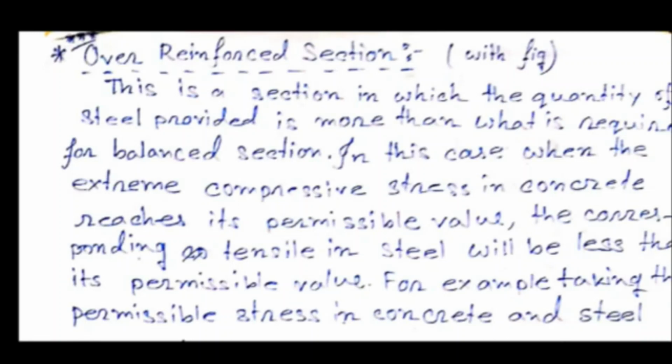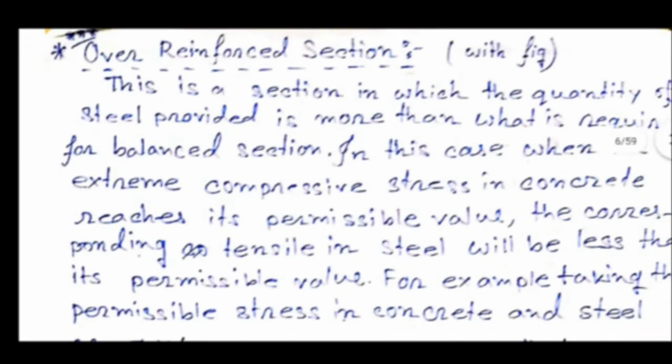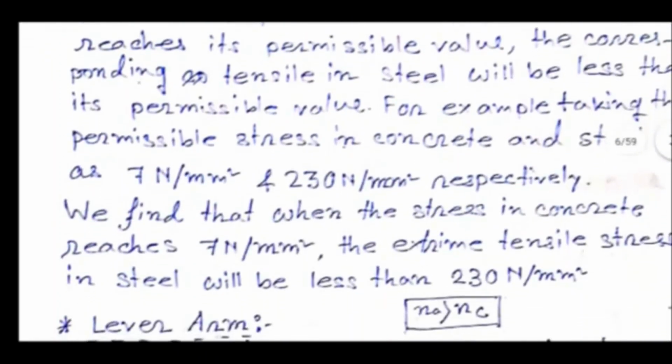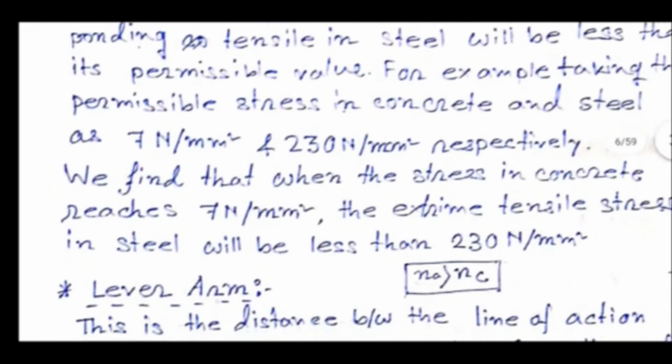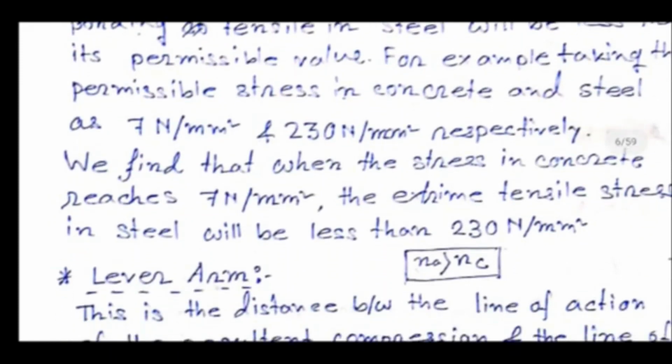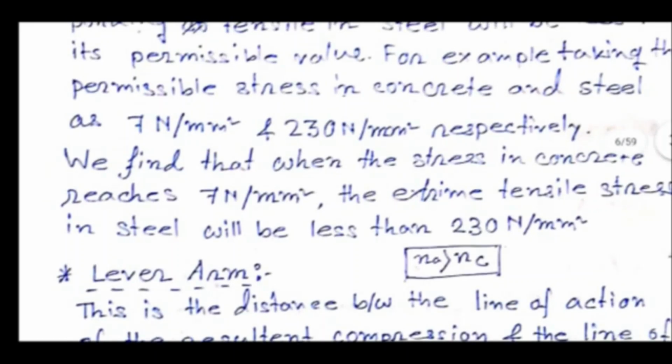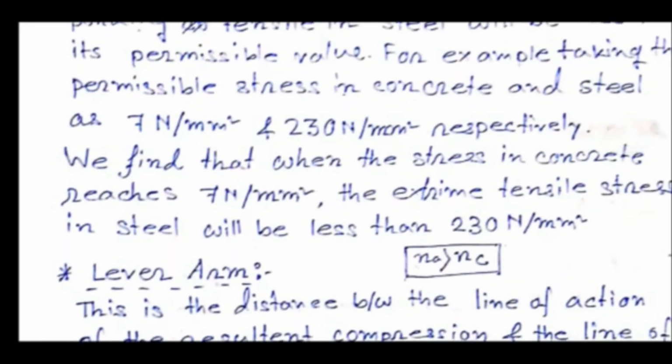Again, for example, taking the permissible stress in concrete and steel as 7 Newton per millimeter square and 230 Newton per millimeter square respectively. Now we find that when the stress in concrete reaches 7 Newton per millimeter square, the extreme tensile stress in steel will be less than 230 Newton per millimeter square.